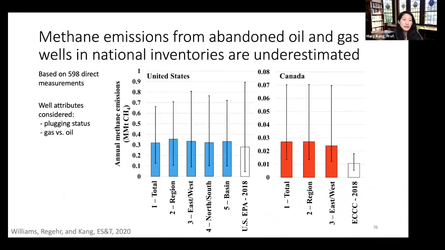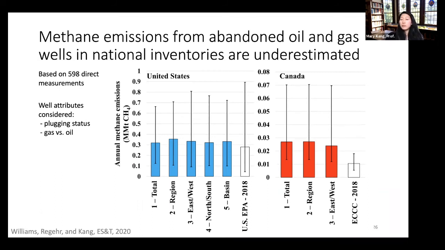So we did some analysis as well to see how good these means are. What we did was integrate geographic variation a lot more, and also put in the impacts of plugging status, gas versus oil.